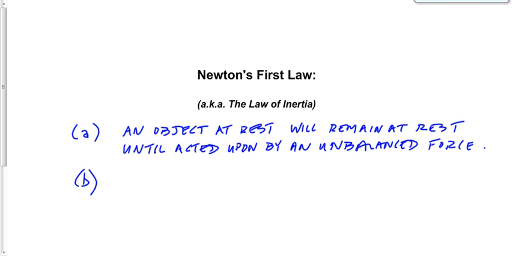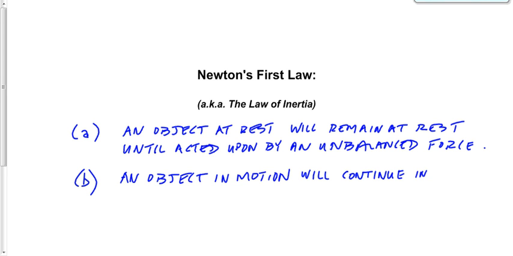The second aspect to Newton's first law, also known as the law of inertia, is that an object in motion will continue in motion, in a straight line at a constant speed.